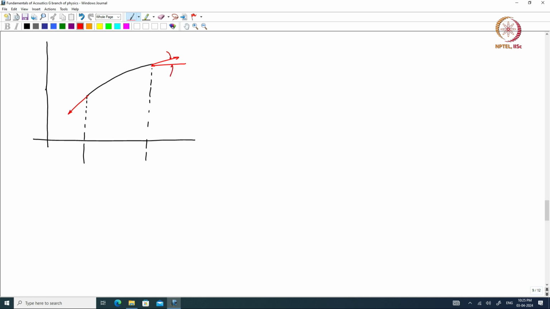This is the angle theta. This here is the angle theta.